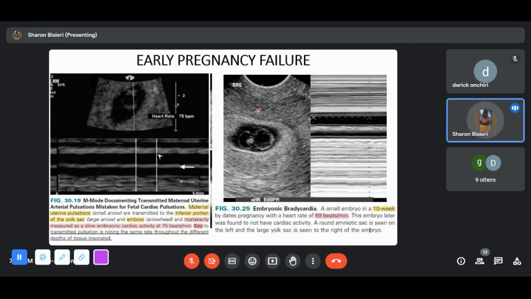It's easy to confuse maternal uterine pulsations with embryonic pulsations. For this image to the left, on getting the heartbeat, the machine calculated it and it was found to be 75 beats per minute. But this was erroneous because it arises from maternal uterine pulsations.